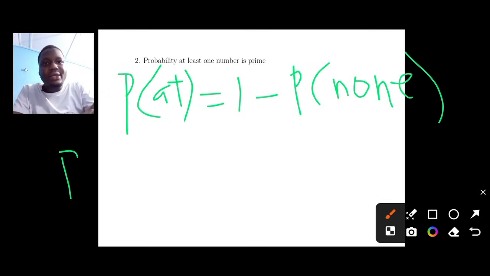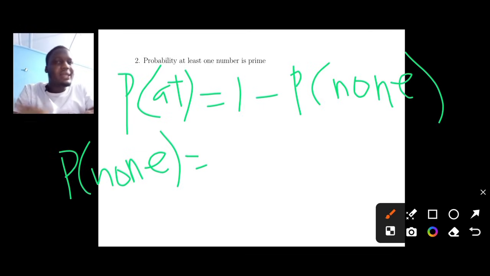So let's find the probability of none. It means that the first one is not prime and the second one is not prime. So what is the probability that the first one is not prime? Remember, we have 4 prime numbers, that is 2, 3, 5, and 7.